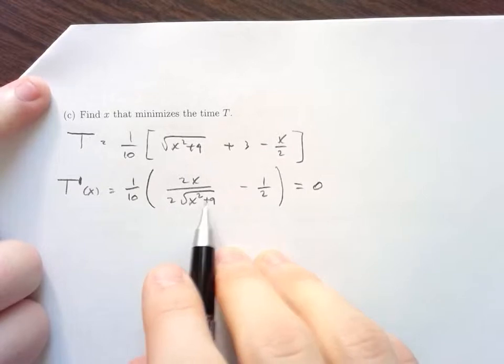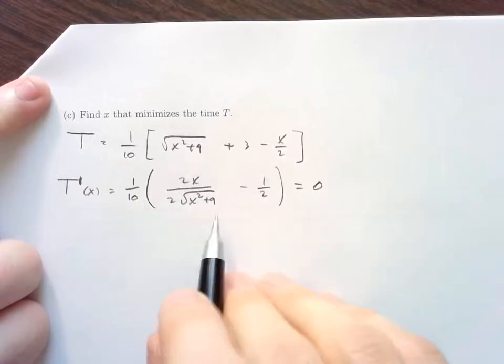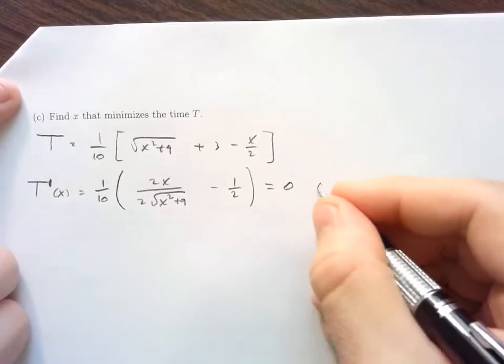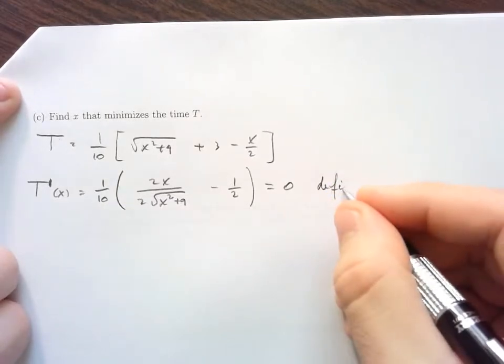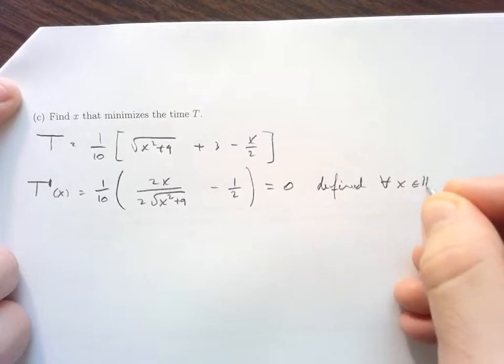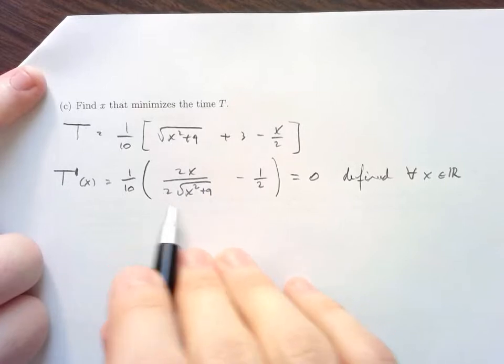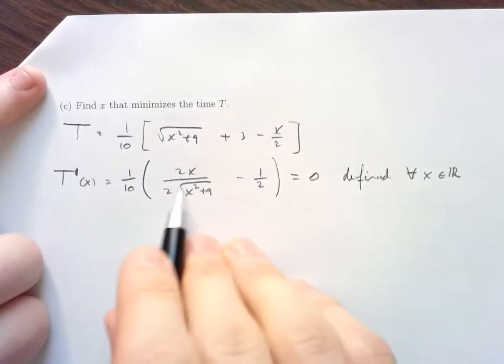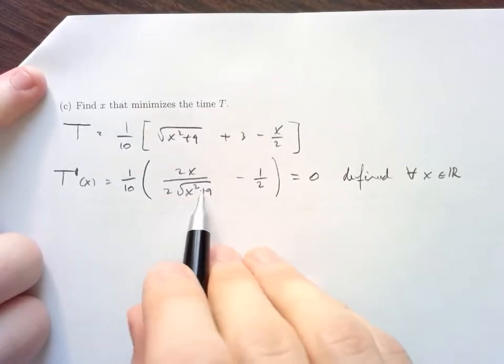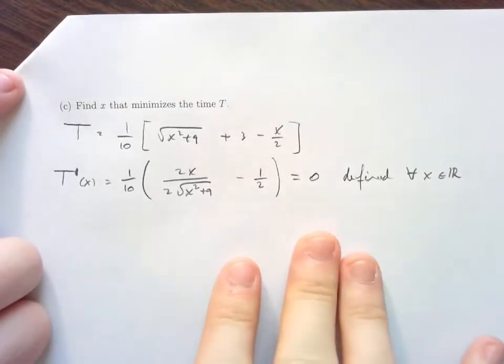Also, I have to ask the question: for what values of x is this undefined? This is defined for all real numbers x, and the reason is that in this denominator, the square root part is always positive. We have the plus 9 over there. If this was a minus 9, the situation would be a little bit different.